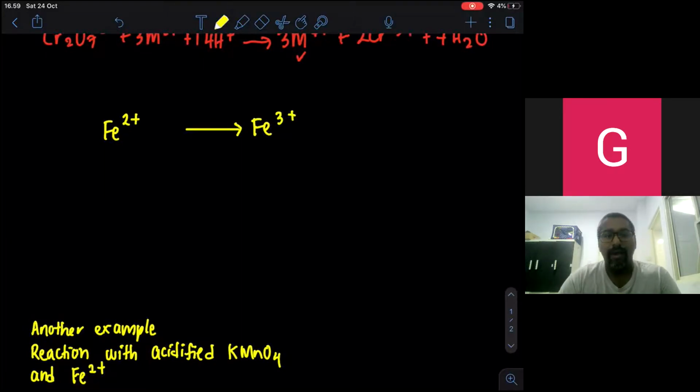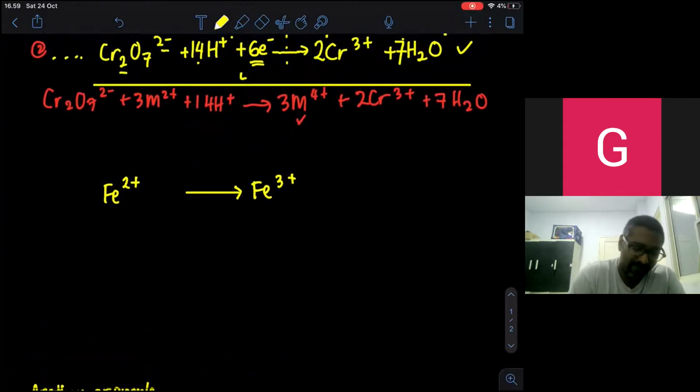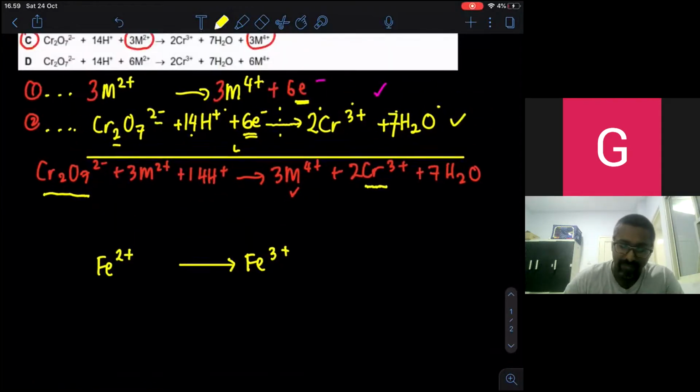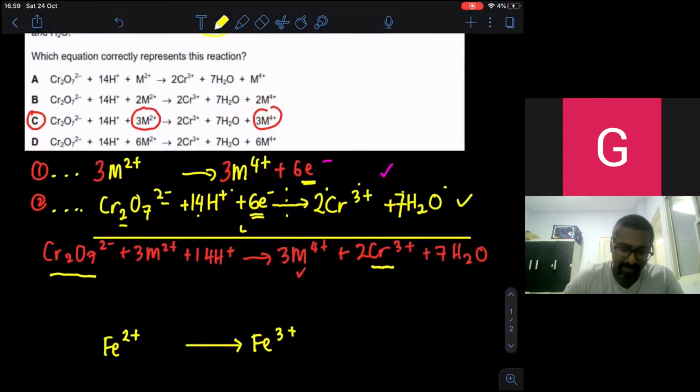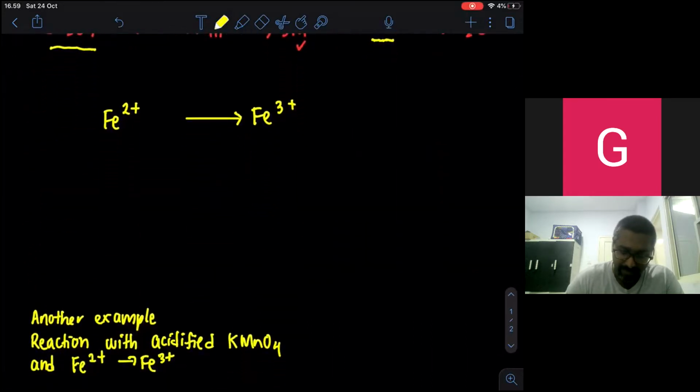Let's say the reaction is giving you Fe3+. Let's say they have mentioned it to you. What we need to know as much as possible: when you have Cr2O7 2-, they will change into Cr3+. In this question, they have mentioned it. But sometimes, when you are using potassium manganate, they have manganate ions.